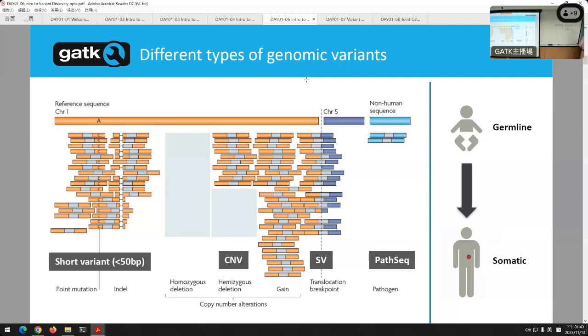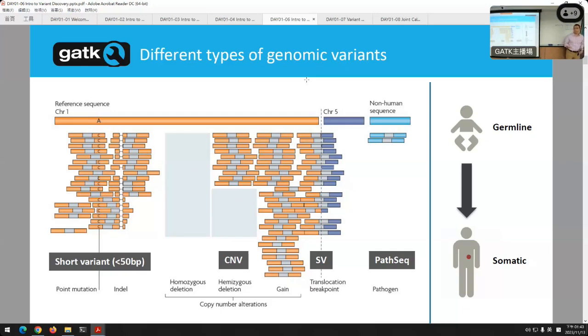Somatic is the cancer case. As part of the process of biology, as your cells duplicate, changes happen, and it's part of the evolutionary process. But it also means that as your cells divide and replicate, they introduce mutations, and those are somatic, meaning they're not inherited and they're not present in every cell of your body.